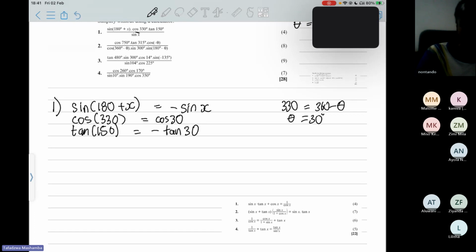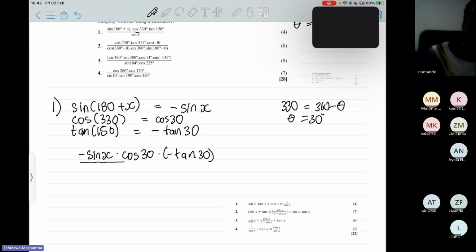So now let's redraw our fraction. This is just going to equal minus sine x, multiplied by cos 30, multiplied by minus tan 30, sorry.